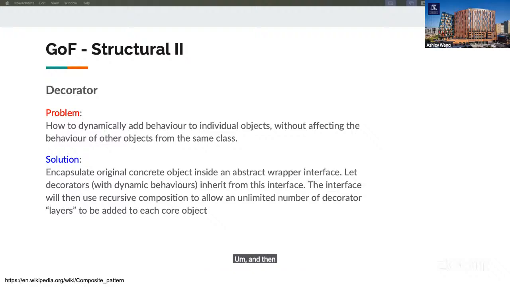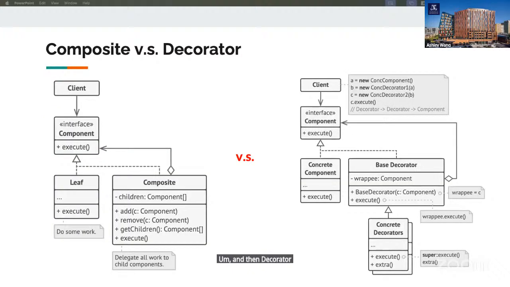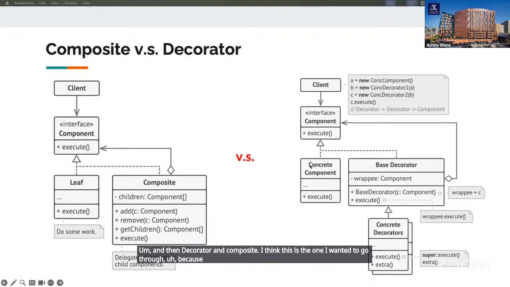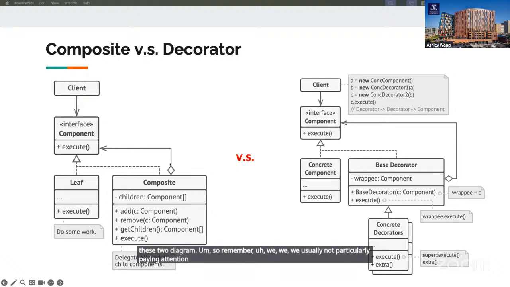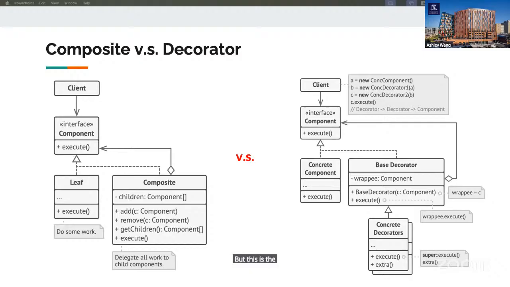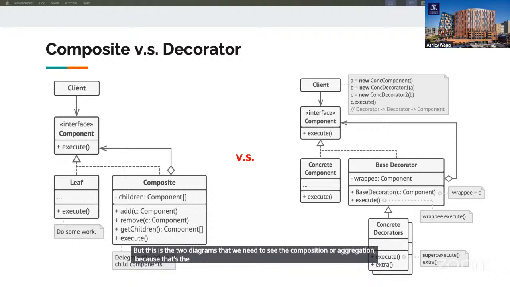And then decorator and composite. I think this is the one I wanted to go through because there's a slight difference in these two diagrams. Remember, we're usually not particularly paying attention to composition or aggregation, but these are the two diagrams where we need to see the composition or aggregation because that's the key of these two design patterns.